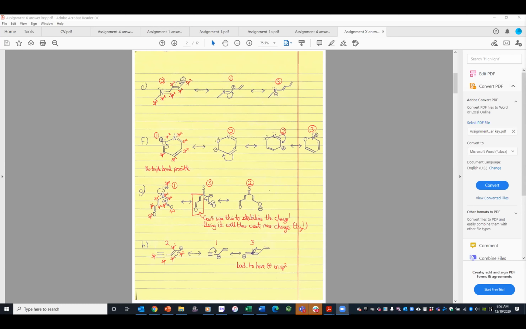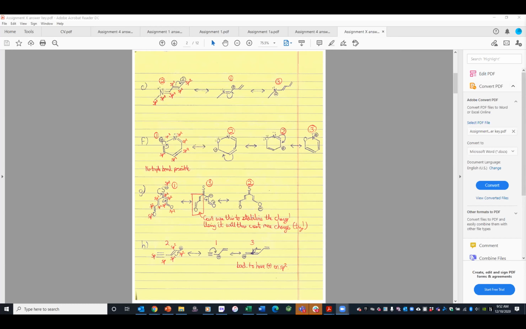I just got a little confused because the book said something about radicals being sp3, but I remember you saying that the radical is in a p orbital. It varies, and it depends on the radical. You can have either a triplet or a singlet radical. It can either be sp or p or sp3. It does depend on what it can do. If it can do resonance, it'll sit in a p orbital.